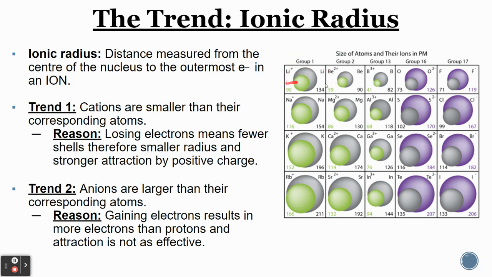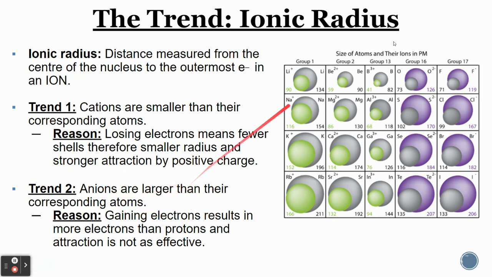Remember, when metals lose electrons, they're losing the electrons in their valence shell. So they're basically losing a whole shell of electrons. And so there's fewer shells there, and we can pull in the remaining electrons closer. We can spread that positive charge over fewer electrons and pull them in closer and make the ion smaller overall.